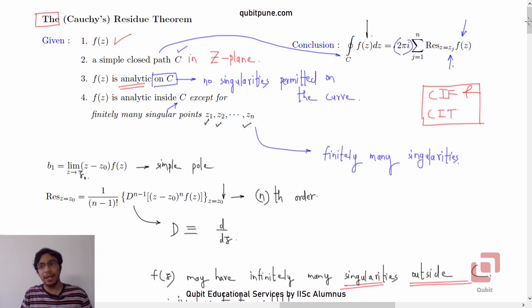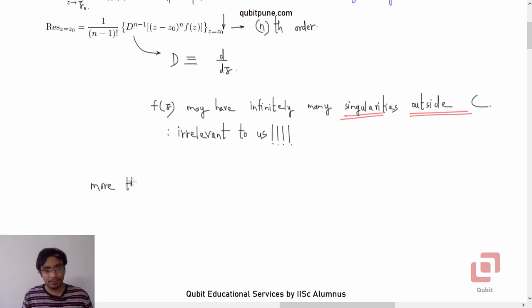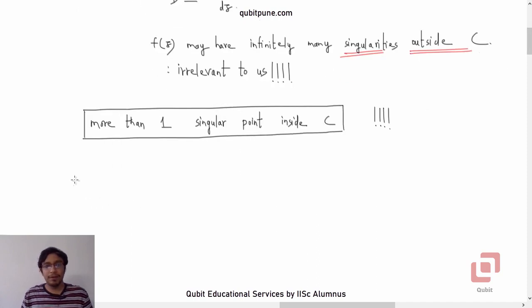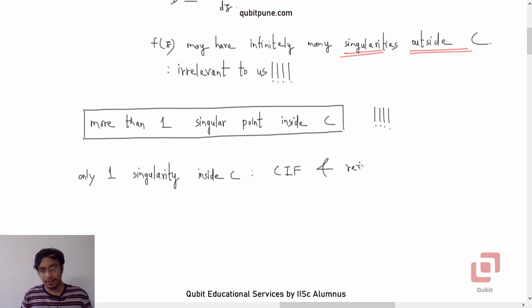The residue theorem is preferred when we have more than one singular point inside C. If we have only one singularity inside C, then both the Cauchy's integral formula and the residue theorem produce the same result, of course.